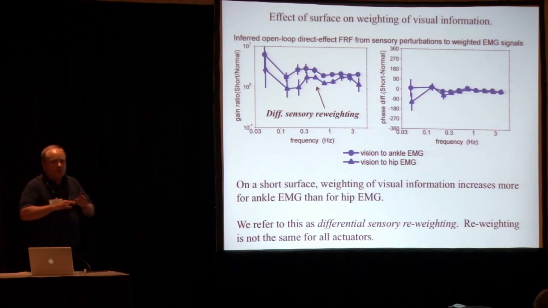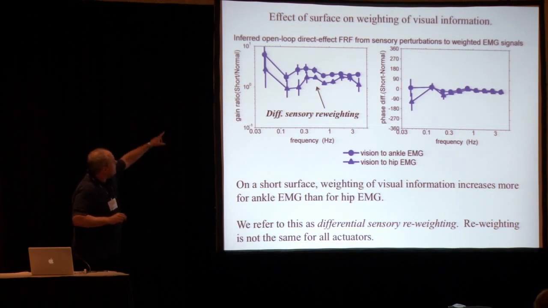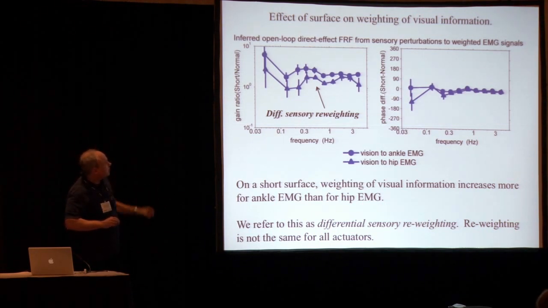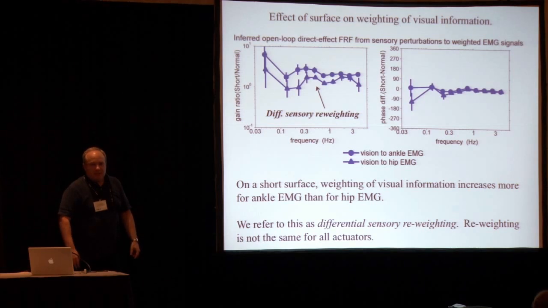And what do you see? If you do the same analysis and you look at the open loop effect of vision under these two conditions, and you compare gain in the short surface condition divided by gain in the normal surface condition, what you see is that the vision to ankle EMG gain increases.